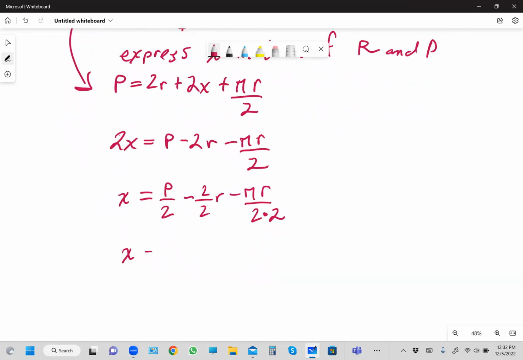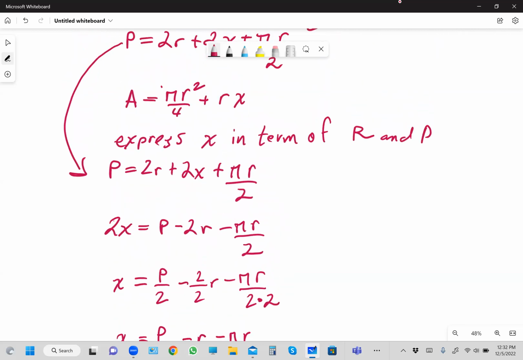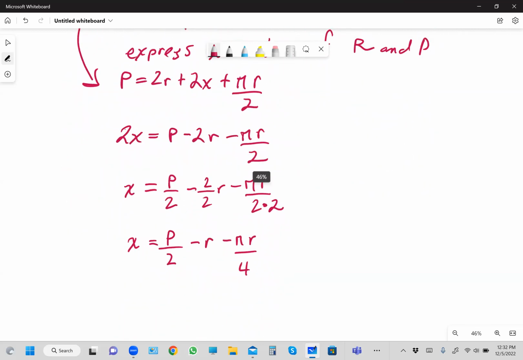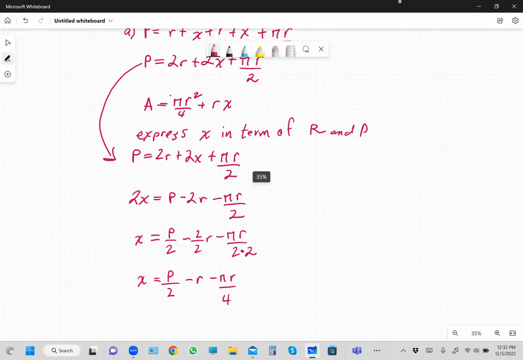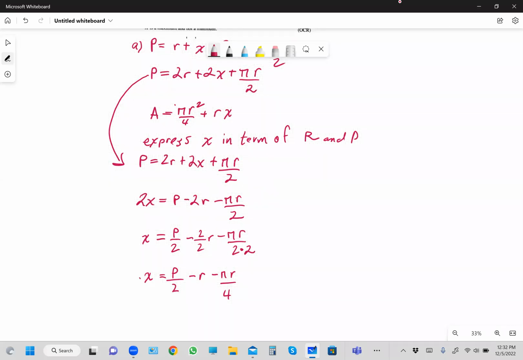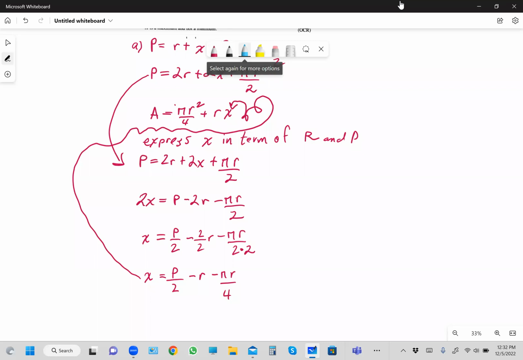And now look, I'm gonna just clean it up a little bit. I think I'm missing. No, it's good. Okay, good. So now that's X. And guess what do you think I'm gonna put that X in? I'm gonna put this X right there. And why am I doing that? Because we want to write out the area a certain way.